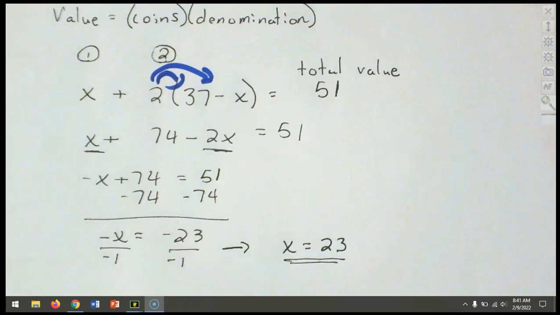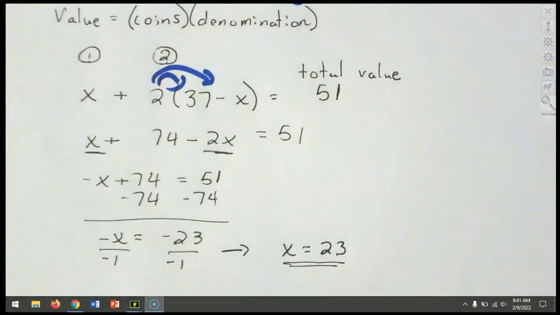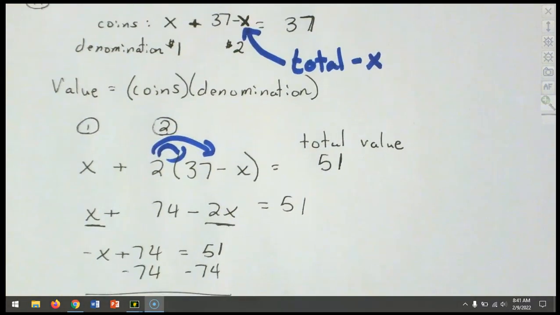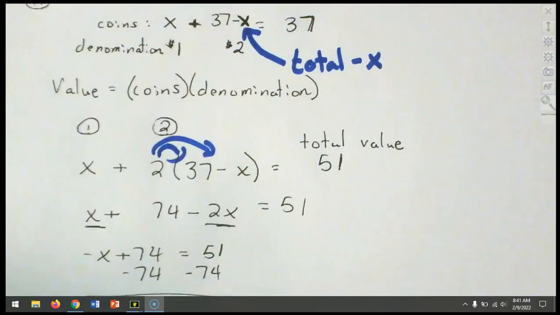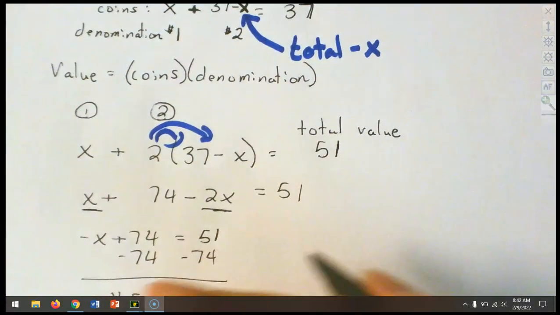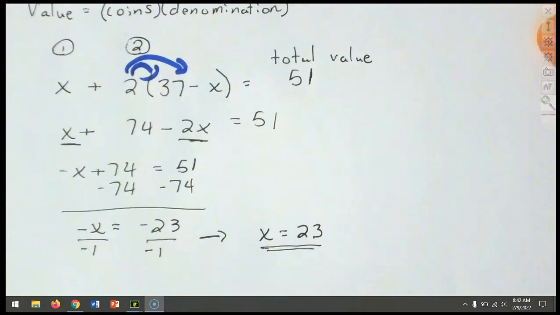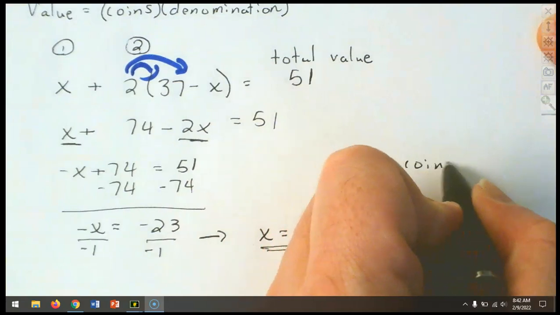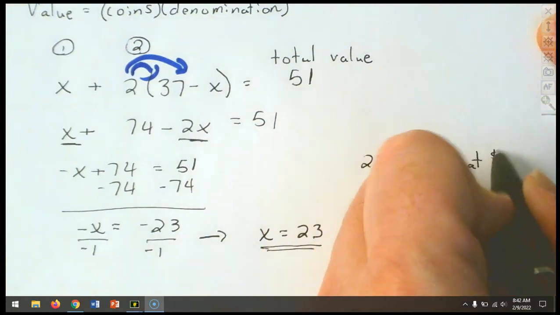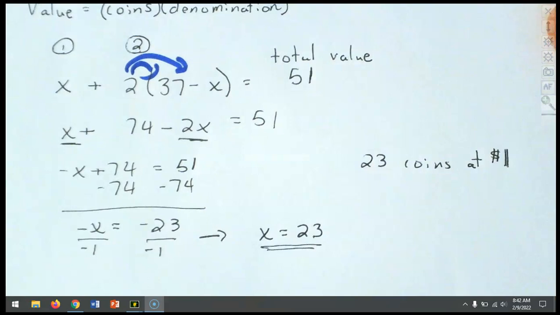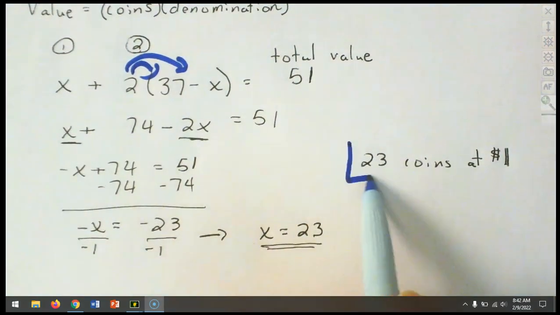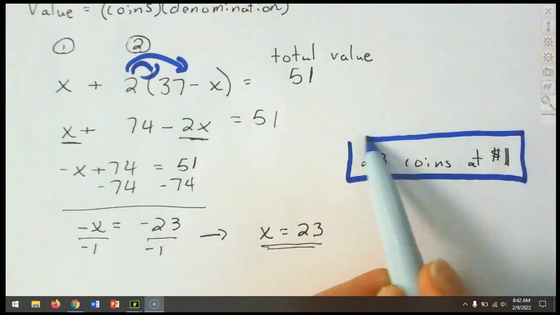So what do we have? We want to know the number of each type of coin. So we have the 23. Now, what does the 23 go with? The $1 coins. So we have 23 coins that are worth $1 a piece. And we also want to know how many coins that we have that are worth $2 a piece. Well, how do we get that?